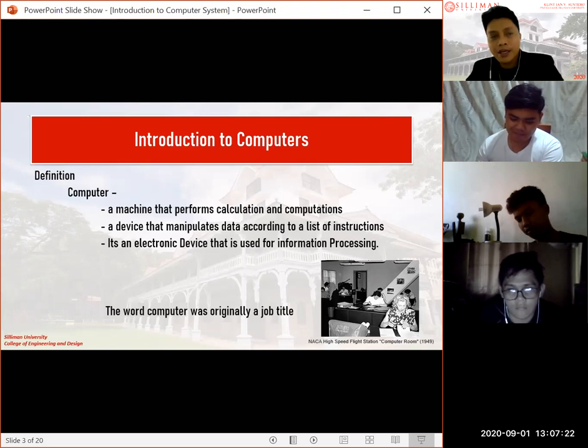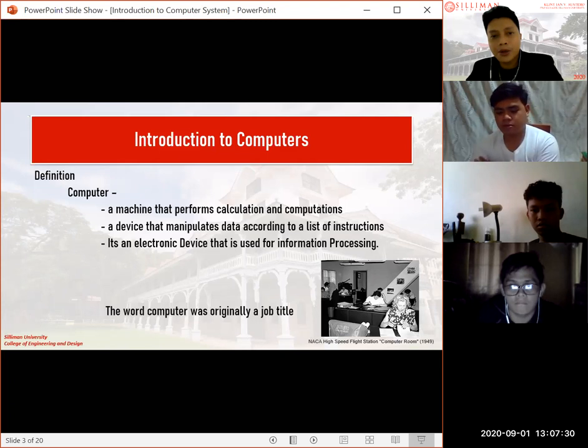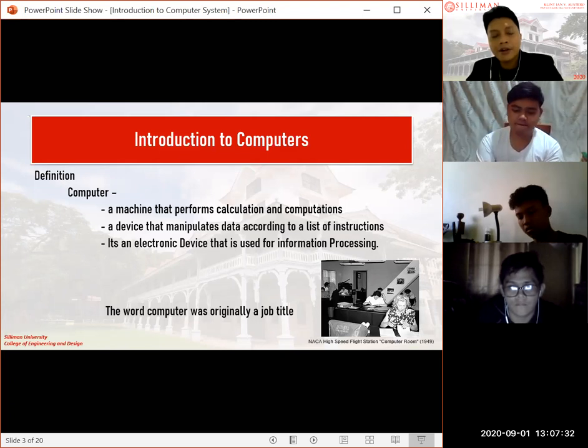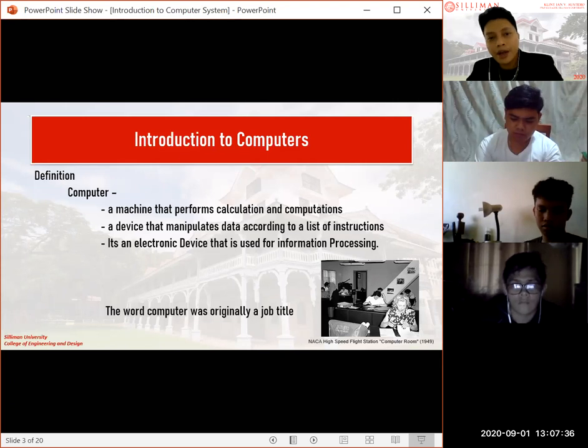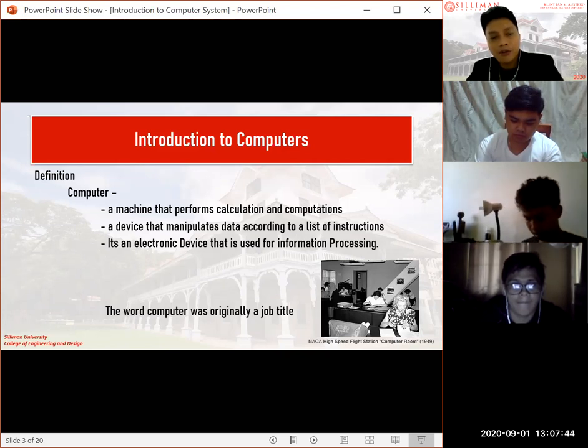That is why it requires a program for a computer to work. Or the computer requires software in order for it to work. And software requires hardware for you to interact with the computer. So again, there is what we call software and there is what we call hardware of computers.